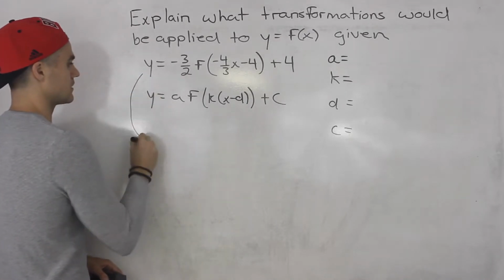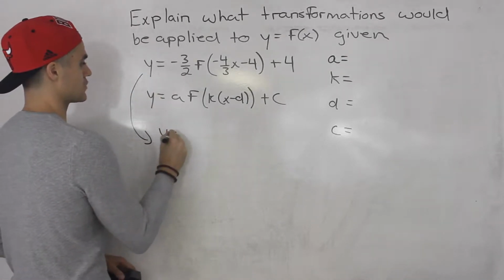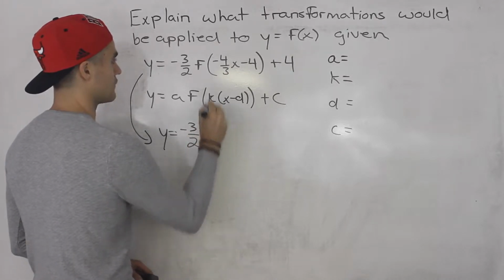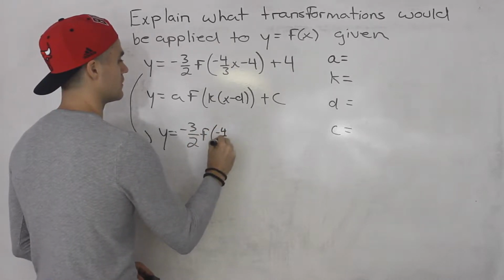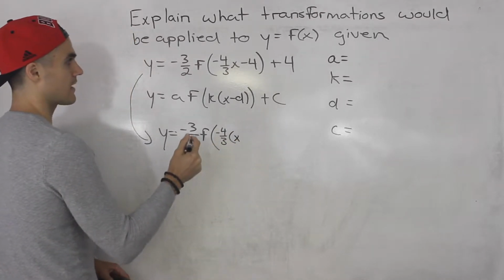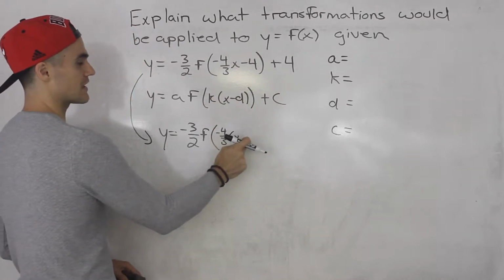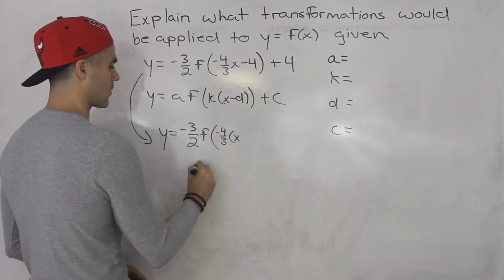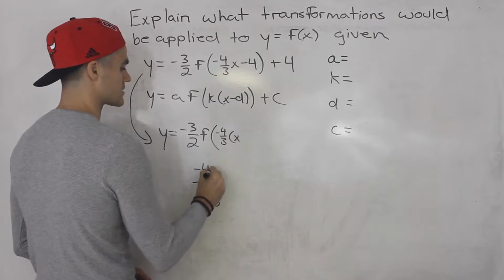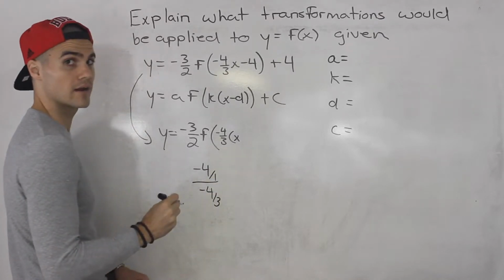So basically, what we want to do is we want to take this function and rewrite it as f of, factor out negative 4 over 3, and then we're left with bracket x. And then to find out what's left in the bracket, we have to take negative 4 and divide it by negative 4 over 3. So it's like negative 4 over 1 divided by negative 4 over 3.